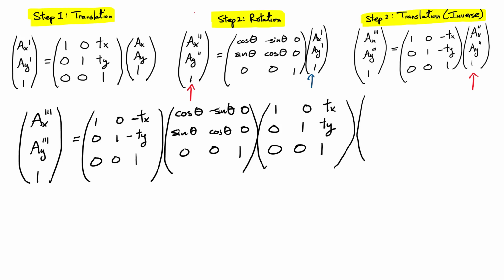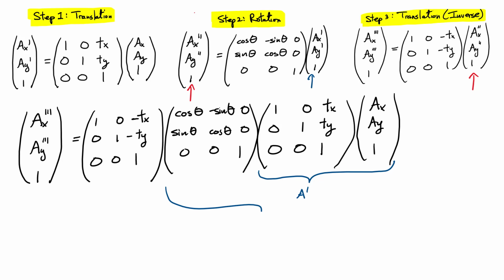And now I still need that original coordinate vector. A_x, A_y, and 1. All right, not too bad, right? So what we have here is, this guy, this is the definition of the primed vector. If you combine it with this one, this is the definition of the double primed vector, all right? And then if you multiply the double primed vector by this inverse translation matrix, you get your final coordinates that you need.